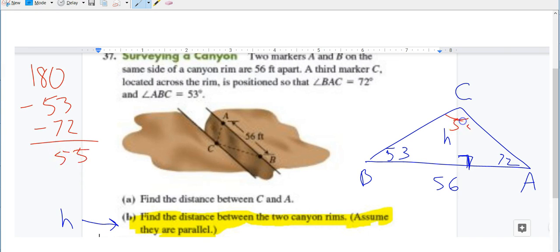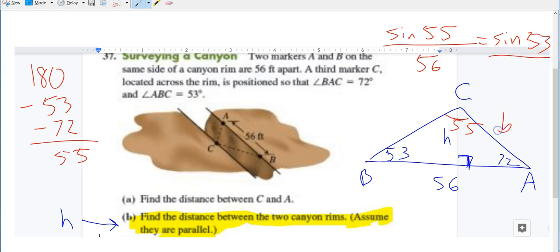Okay, so that should be enough information to do sine 55 over the opposite side of 56 equals sine 53 over its opposite side. We'll call it little b. So solve that for b, and then you have exactly what you need for finding the height of the triangle.